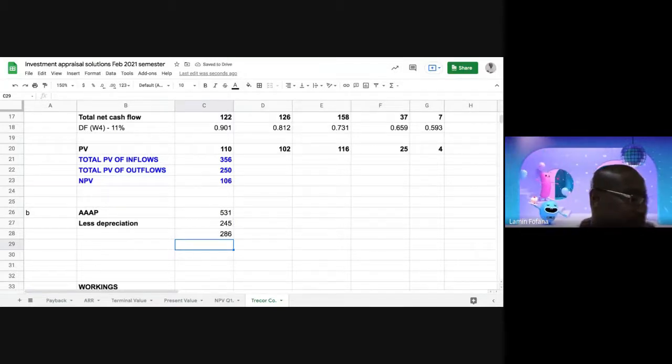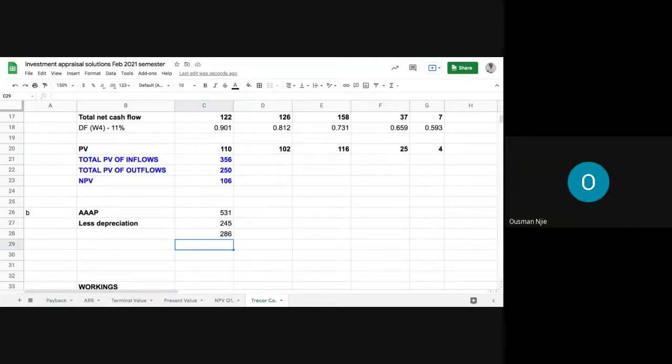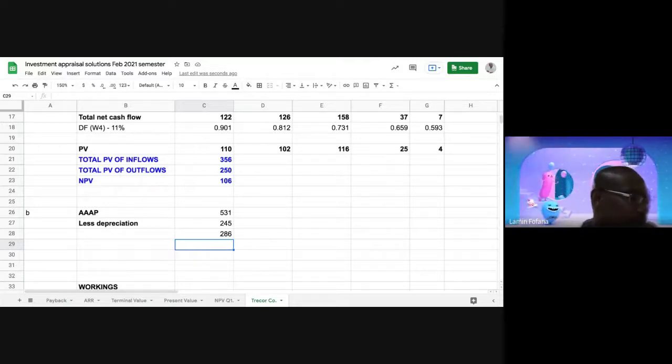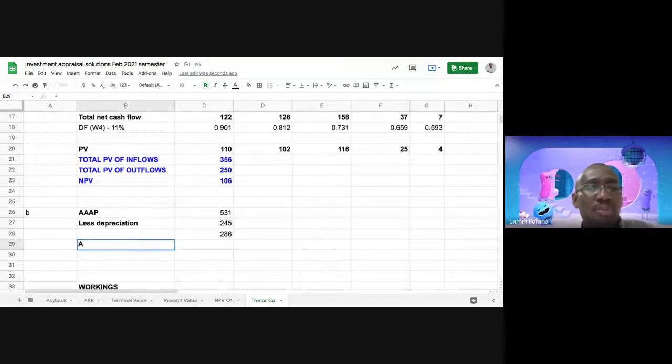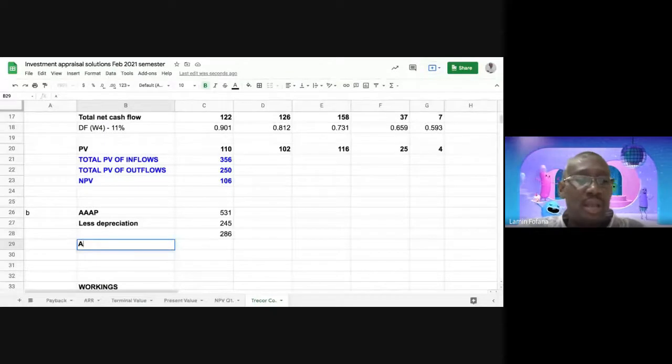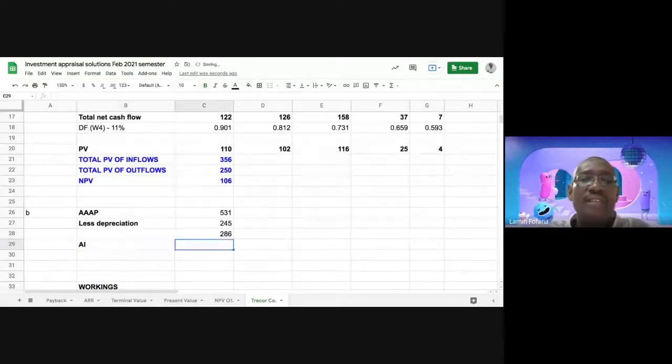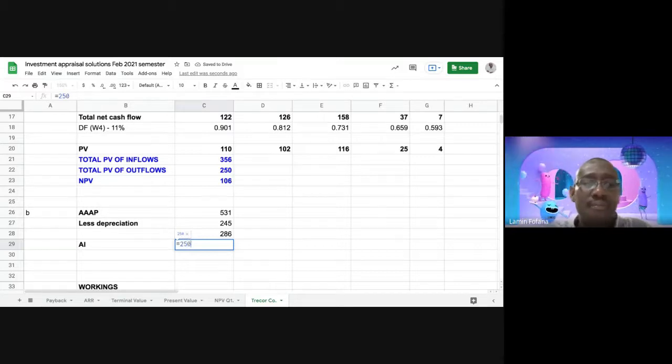Is that clear? Yes. Okay. Now, what will be our average investment? Our average investment will be 250,000 plus 5,000 divided by 2.